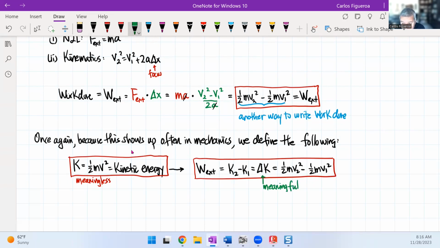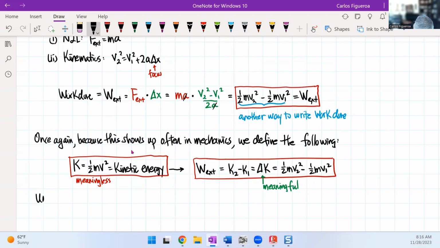Again, if we start talking about what we mean by energy, if you're talking about a change in energy, then that is a meaningful statement. If you do not talk about a change in energy, then it's a meaningless statement, which you've got to agree is quite different than the language that we use in everyday situations.